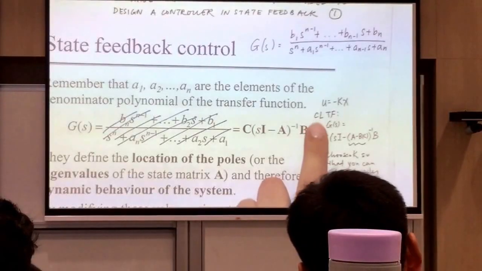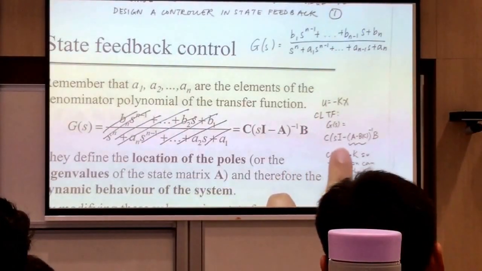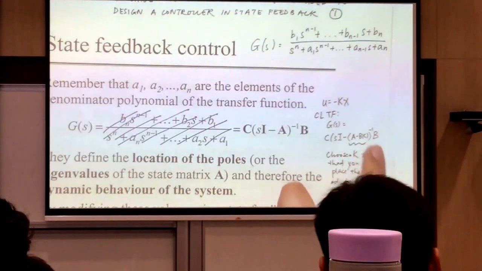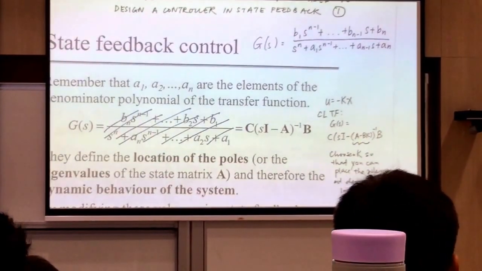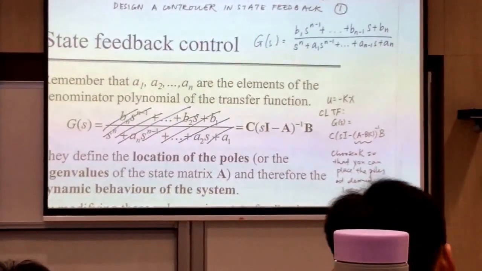And the closed loop transfer function G(s) will then be C bracket sI minus bracket A minus BK close, inverse, and B. Is this supposed to be a B? Because it's x0, right?